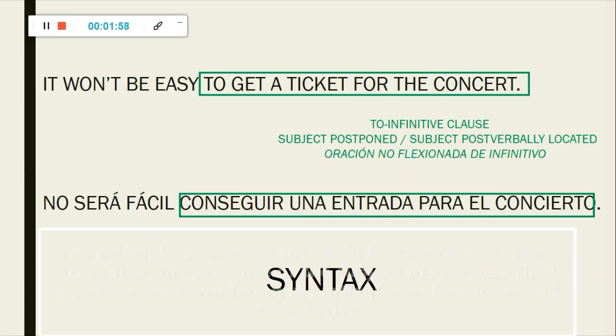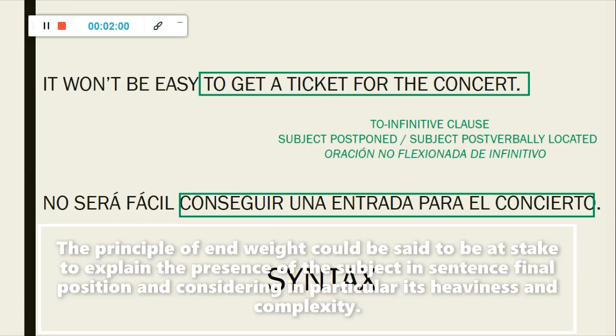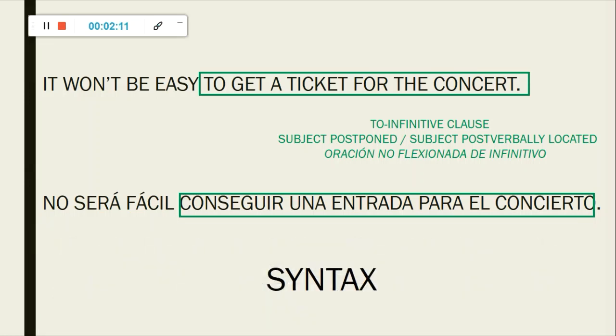The fact that the subject is post-verbally located is due to the principle of end weight. We will see in a few weeks, when we start studying estructuras temáticamente marcadas, that complex and long constituents are normally placed towards the end of the sentences.